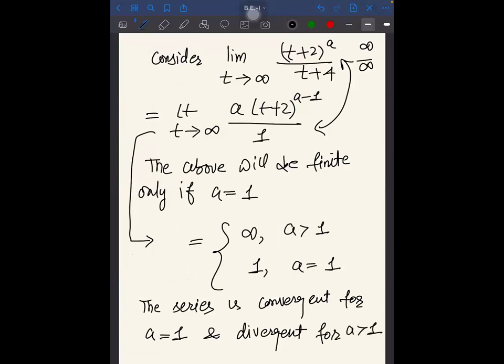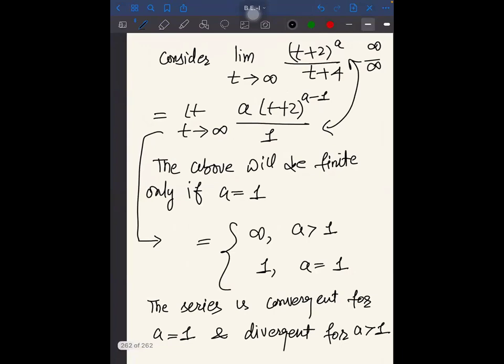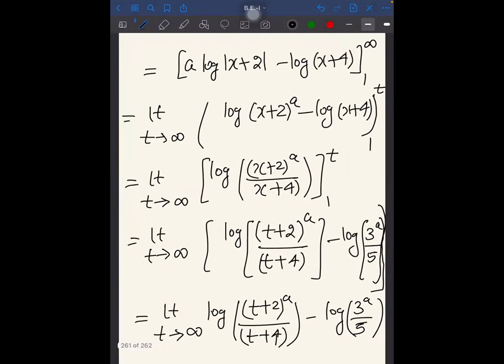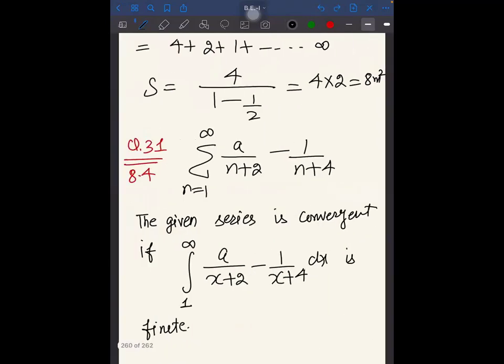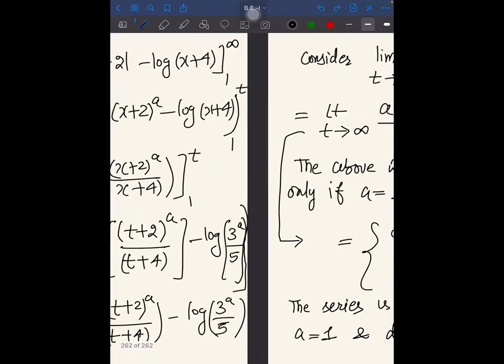Now one may ask, what about a less than 1? For a less than 1, this is going to be a negative series, and we'll not be able to treat it that way. It will become a negative harmonic series. That is the part which I'm going to leave as an exercise for you. So I'll write it over here.